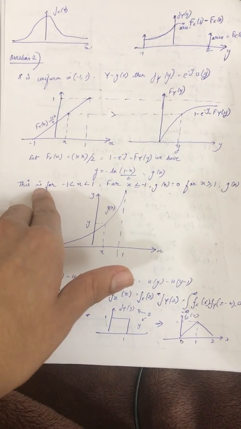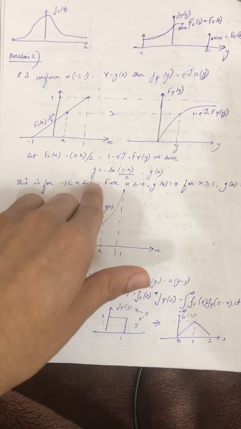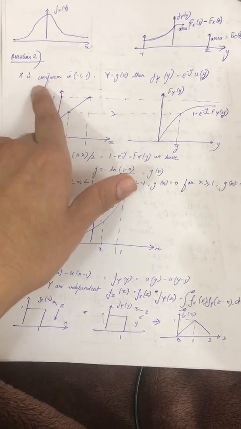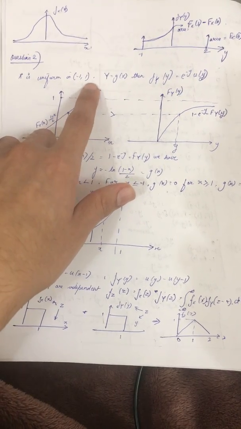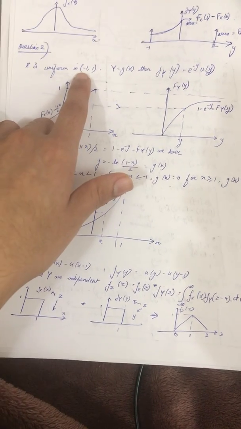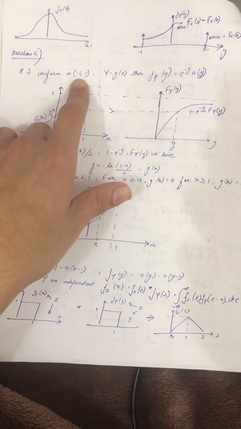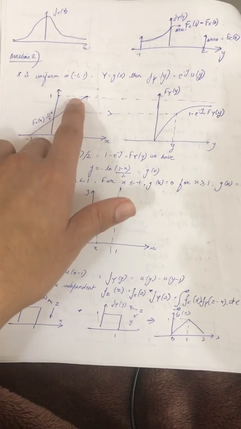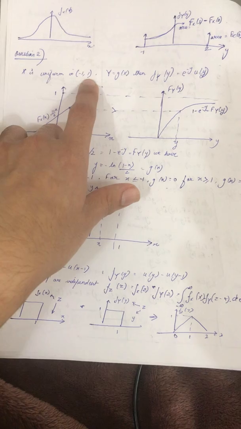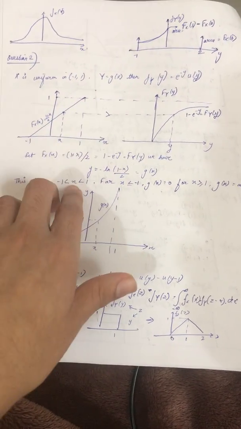So for the interval where x lies between -1 and 1, we also have this information in the question that X is uniform in the range -1 to 1. Hence we are taking this range. These are small brackets, so small brackets mean -1 and 1 are not considered: values greater than -1 and smaller than 1, excluding -1 and 1.